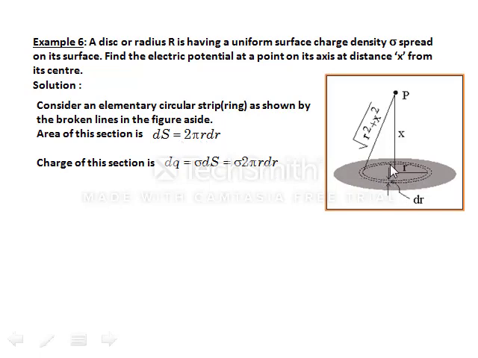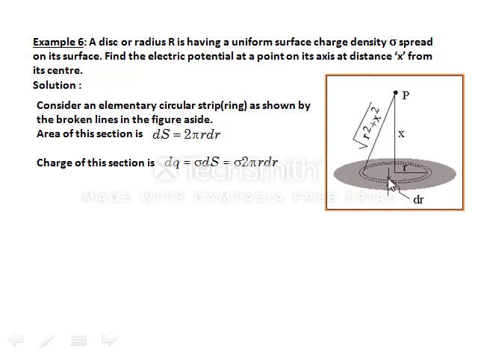Now this is a ring of radius small r, and we have to find the potential at this point P on the axis. So it's quite simple. In our last problem, we derived the formula for potential on axis of a ring. That was 1 by 4 pi epsilon naught q by under root x square plus r square.